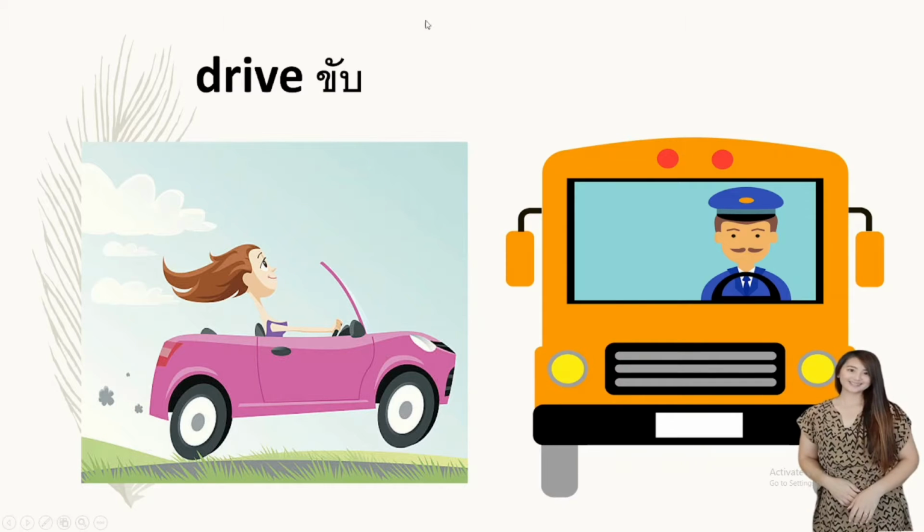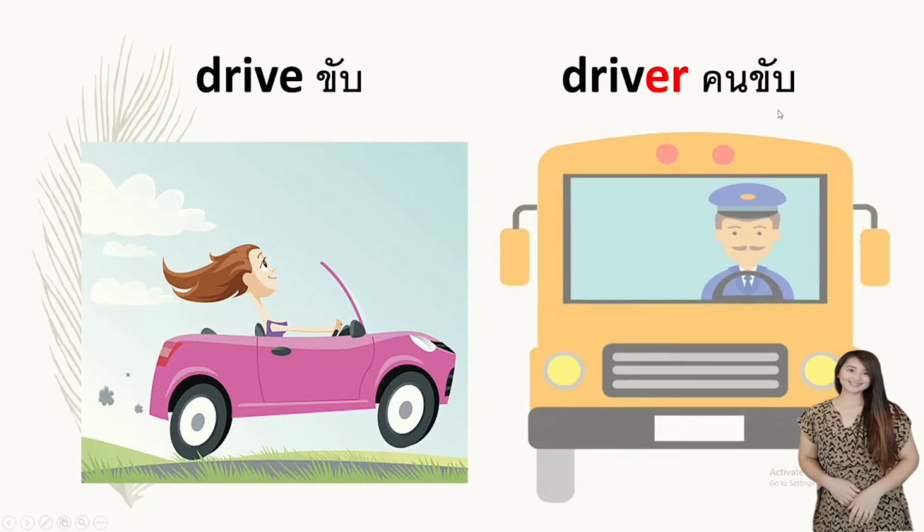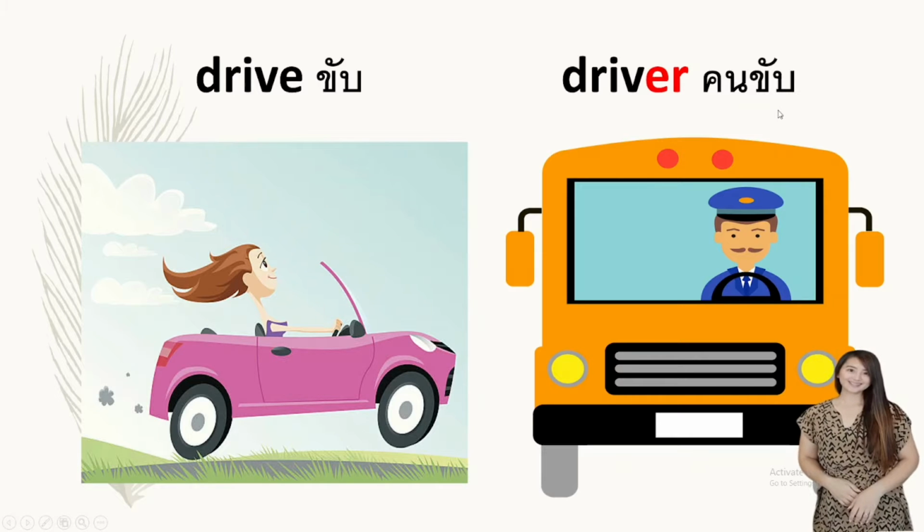Next, we have drive. She's driving a car. Drive, driver. So we add R to make it a person. He is a driver.